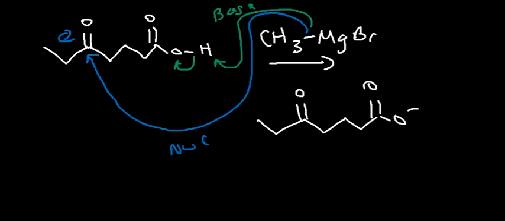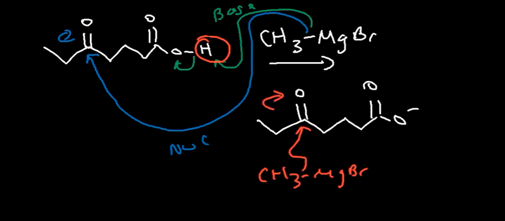Now, if you have an excess amount of Grignard reagent, after all of the hydrogen atoms are removed, then any additional Grignard reagent that remains will now attack the ketone, and then eventually that will be reduced to an alcohol.